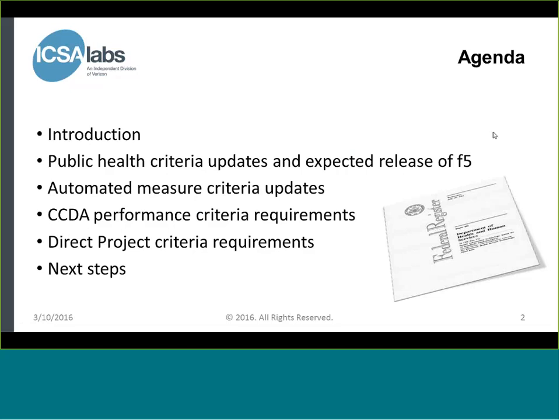After that, we're going to talk about 3 of the design and performance criteria. So mainly those would be the automated measure criteria, G1 and G2, as well as G6, the CCDA performance criterion. After that, Kevin is going to walk you through the test requirements for H1 and 2, which are the 2 direct criteria. And then we're just going to wrap up the day with some next steps, including the anticipated program launch and our upcoming webinars.